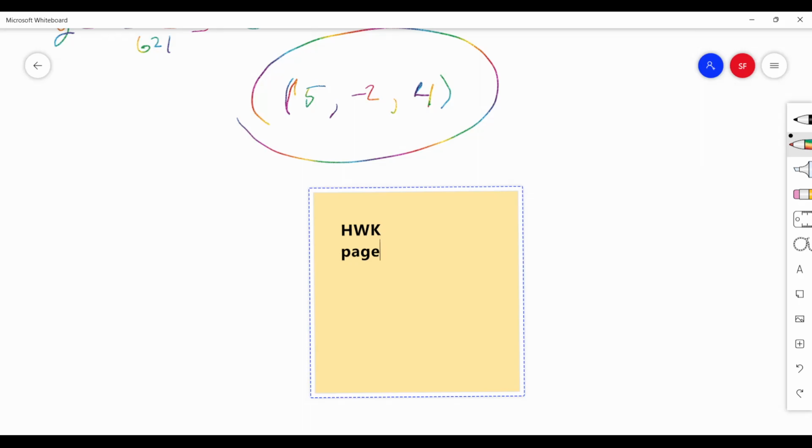Homework: not pages, plural, but just page 195.